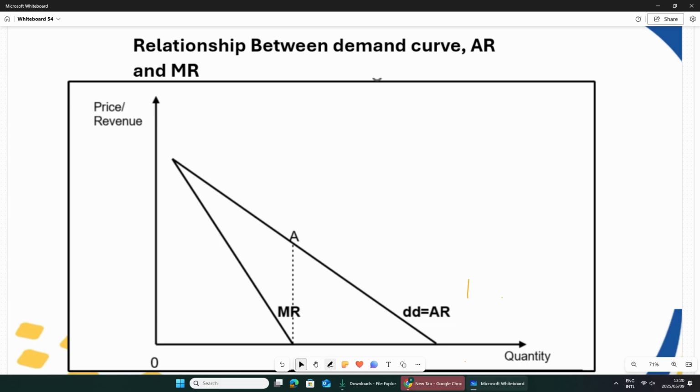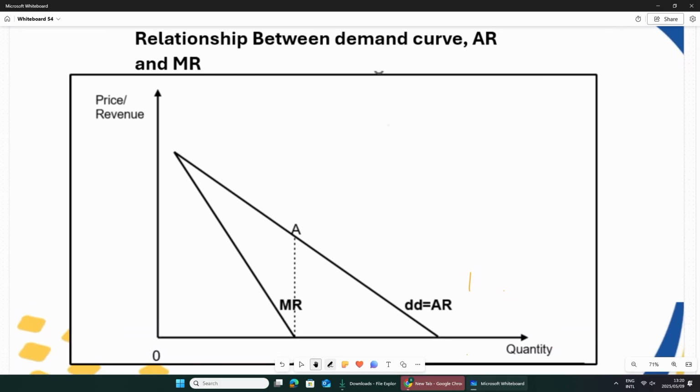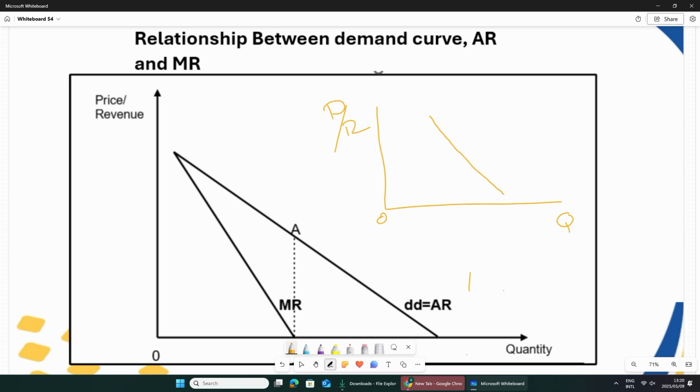When drawing it, it is very important to start by drawing the axes, the horizontal and vertical axis. We put the origin, we label quantity on one axis, and price and revenue on the other. Now, what is important is that we should draw a steep demand curve, and we label it D, which is equal to average revenue.